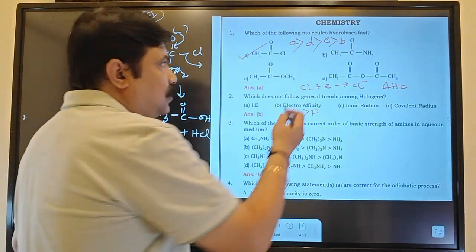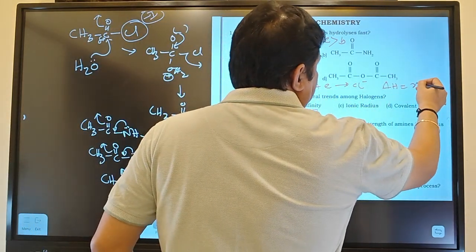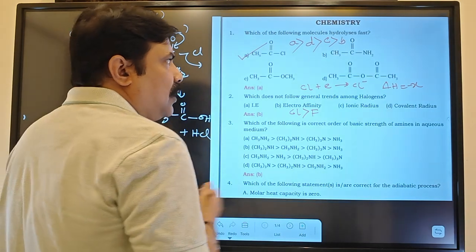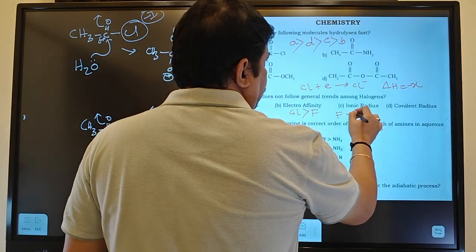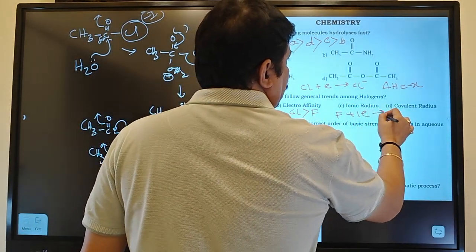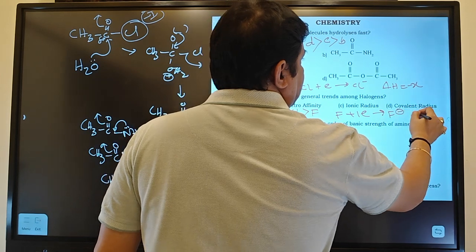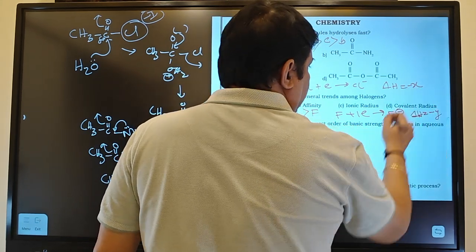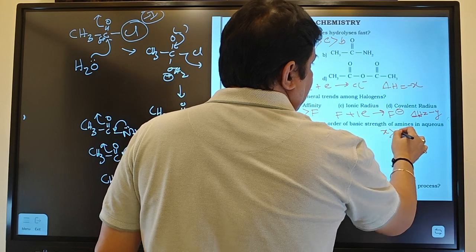Suppose this value is minus X; release is there, that's why the minus sign. Whereas fluorine, when taking one electron and converting to F minus, delta H is minus Y. Now my question is, is X greater than Y?